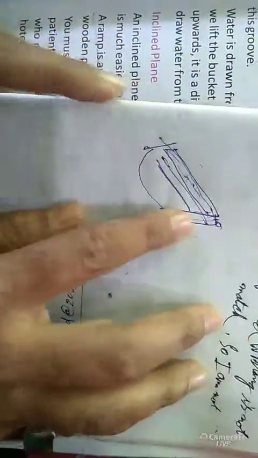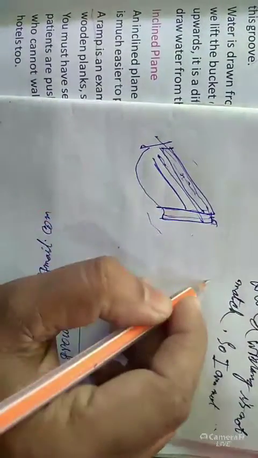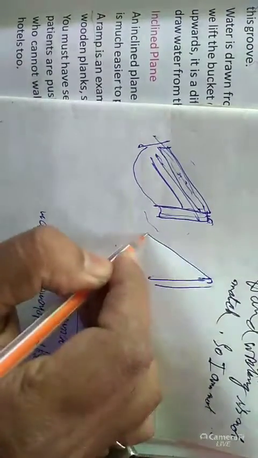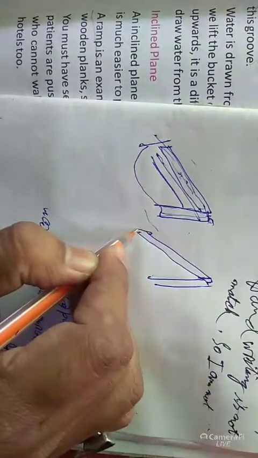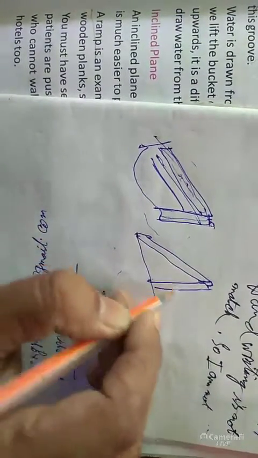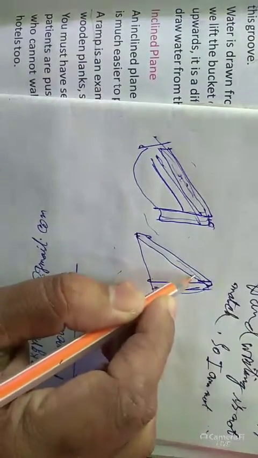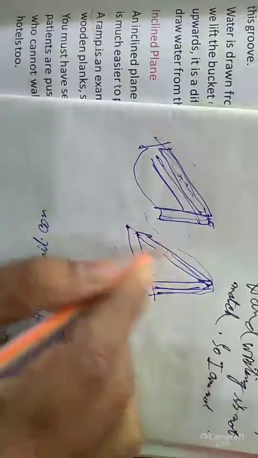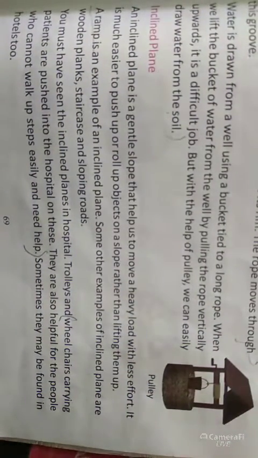Look at this. This is a picture. These types of slope you will find here. Here are stairs, we go up to this position, after that we slide and come down again, and again we go. This is one type of inclined plane we play on.